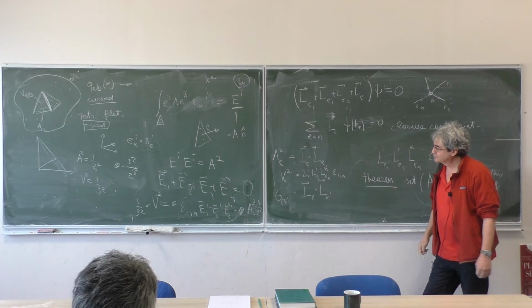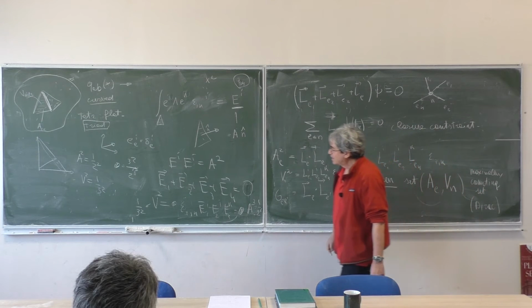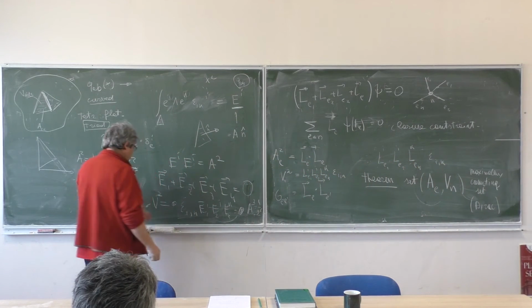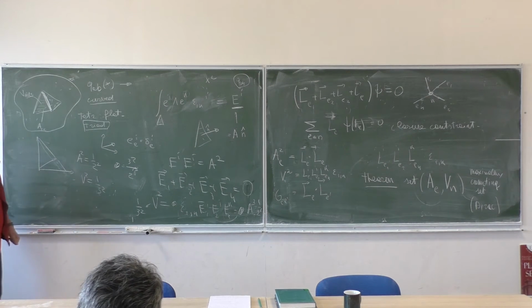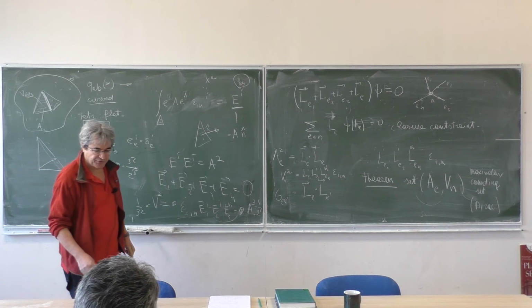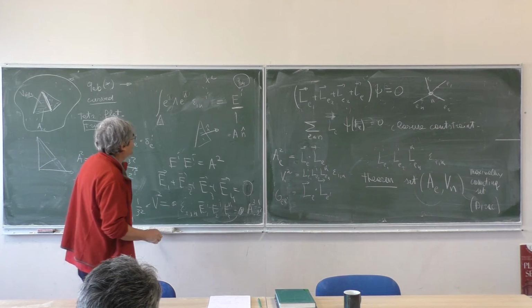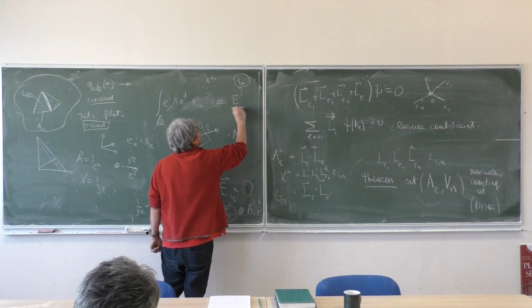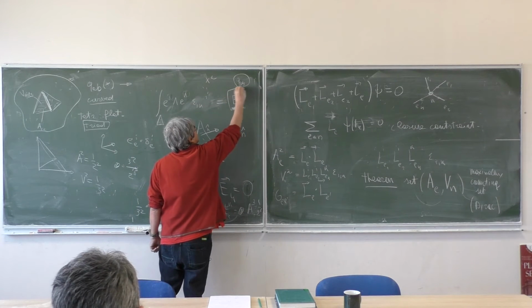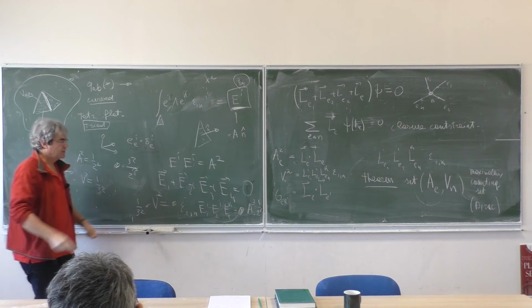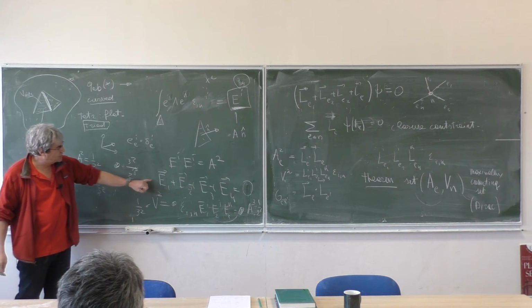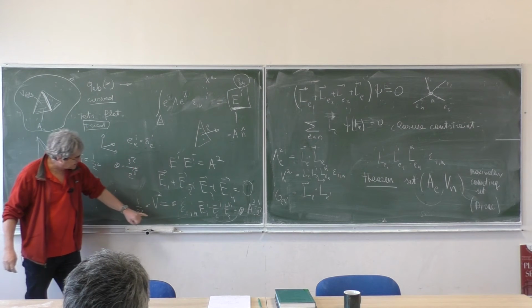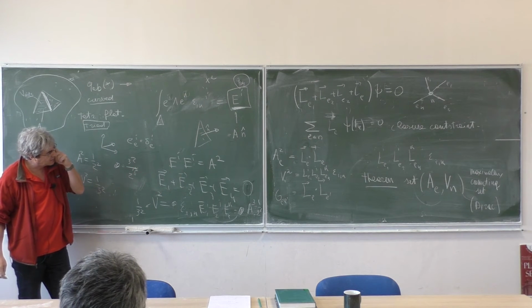So the volume is proportional to that. That's not very important. It's just to make this a little bit more concrete. So you see, I can describe the geometry of a tetrahedron with 4 vectors, one for each face, that satisfy this condition here, and the area is given by that, and the volume is given by that.